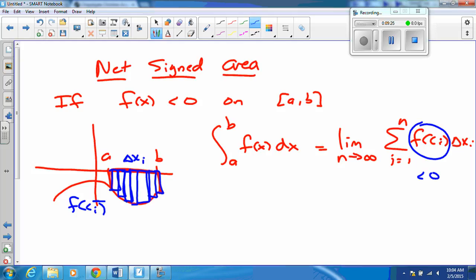So the integral from a to b of f of x dx will be the opposite of the area of our region. It comes out as a negative number because of the way that we construct our Riemann sums.